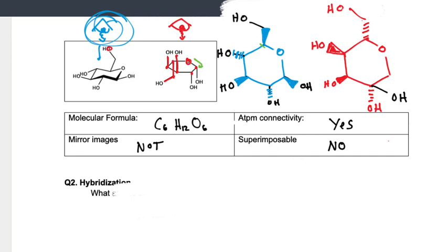Because the connectivity is different, do I care about mirror images? No. Do I care about superimposable? No. I did try to structure those questions somewhat according to the flow chart, though I believe these two are inverted. I think superimposable should happen before you look at mirror images.